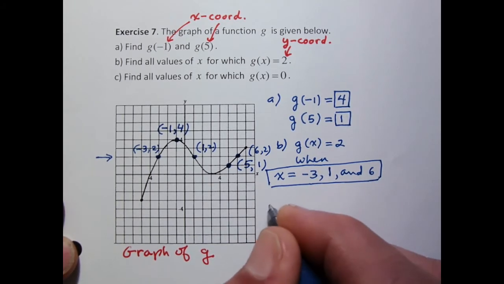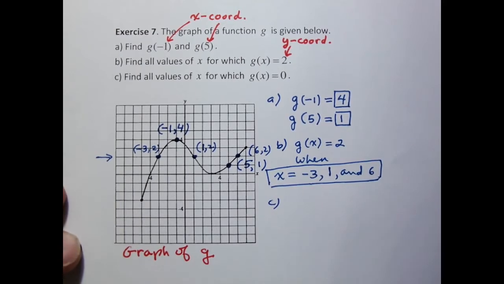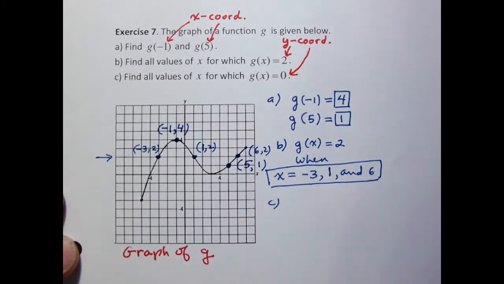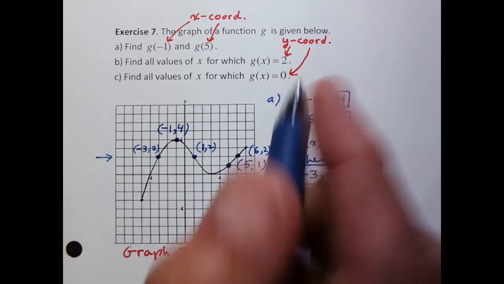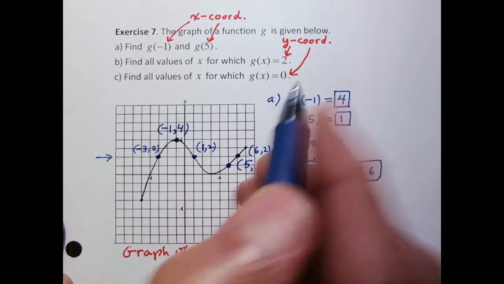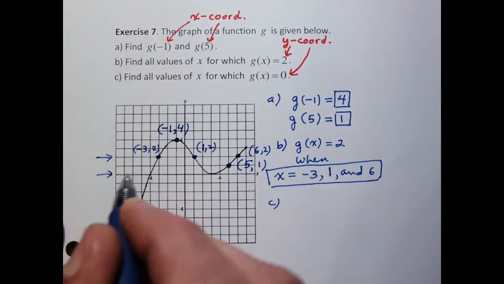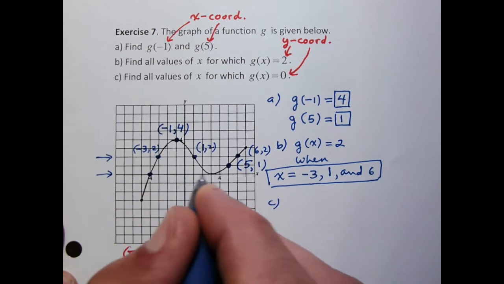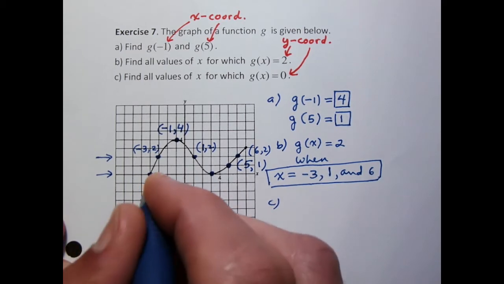That's part B. Part C, again, is the same kind of problem, but here we're looking where g of x is equal to 0. Now when y is equal to 0, that's like looking for x-intercepts, right? The points with y coordinate 0 on a graph lie on the x-axis. So we're looking for this point and this point.